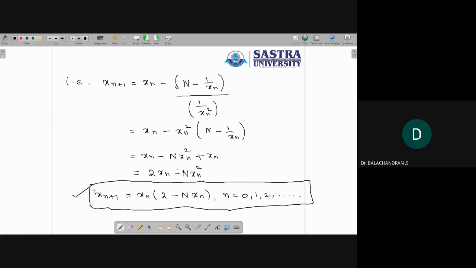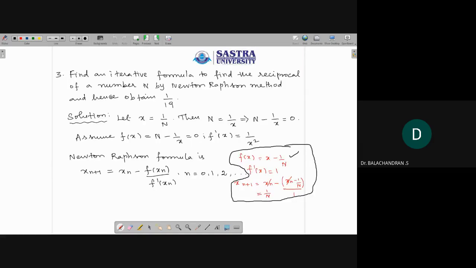So now using this iterative formula, I'm going to find the value of 1 by 19. If you type it in the calculator, you will get the answer for 1 by 19. But using this iterative formula, we will get the value of 1 by 19.